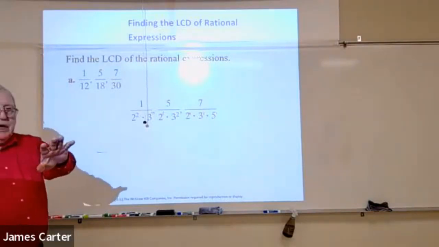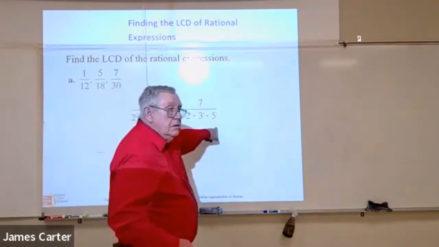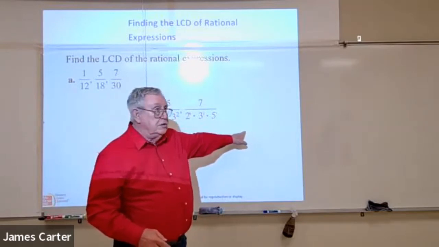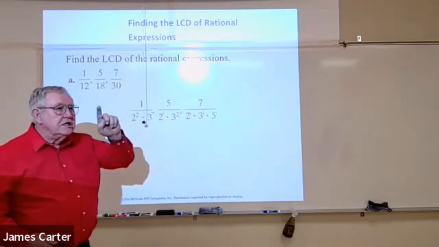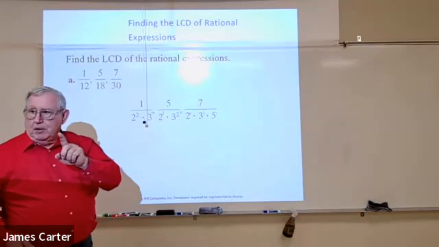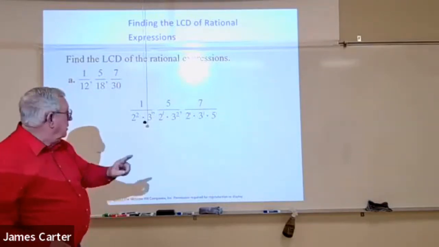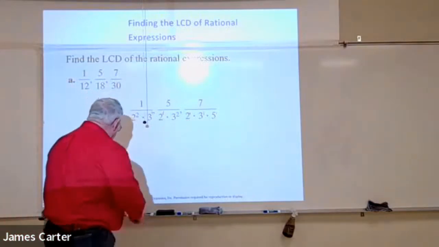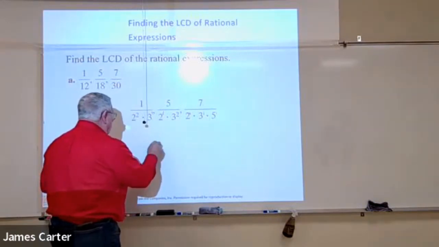Now, here is the trick. Those are all prime numbers, right? Prime numbers are numbers that only 1 and itself will go into. What you do is you take the highest power of each individual prime number. If I consider 2s, the highest power of 2 that I've got is 2 to the second.